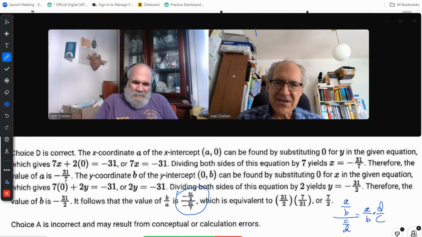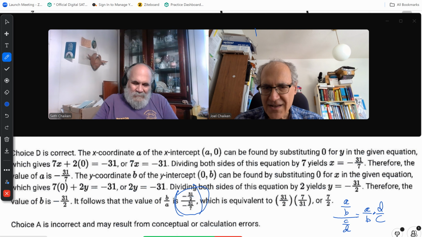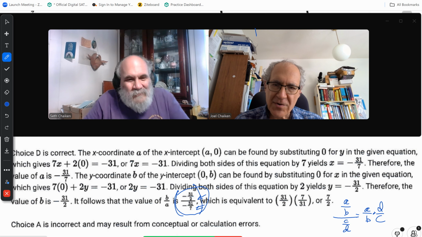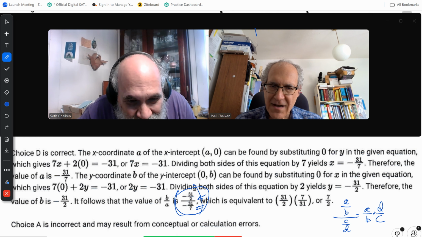By the way, there is another way to do this. We never learned it. Maybe it's a more modern way. You multiply top and bottom by the common denominator of 14, which is not the way we learned it, and that blows off the fraction.